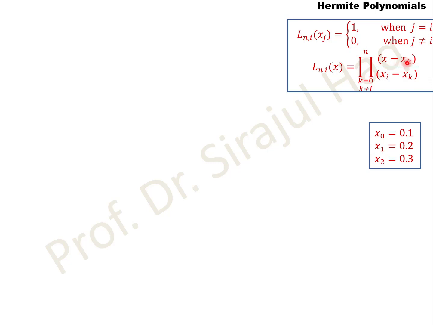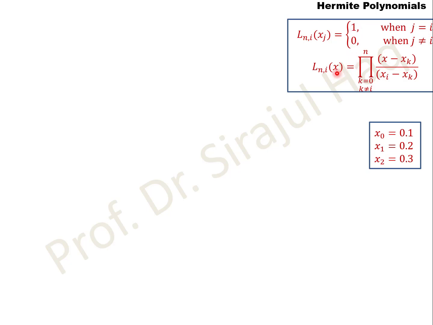So x minus xi minus 1 divided by xi minus xi minus 1, into x minus xi plus 1 divided by xi minus xi plus 1, and it will reach up to x minus xn divided by xi minus xn. And you can see that when I replace x by xi, all these factors will cancel out and you are getting 1.